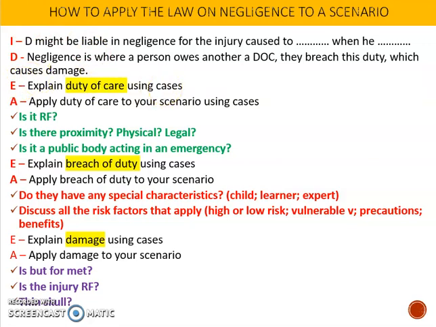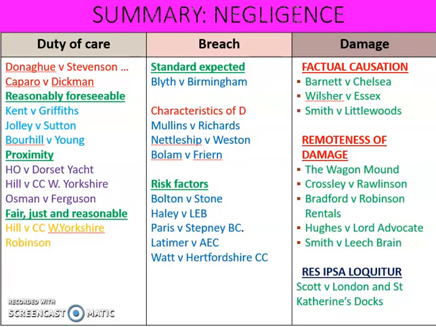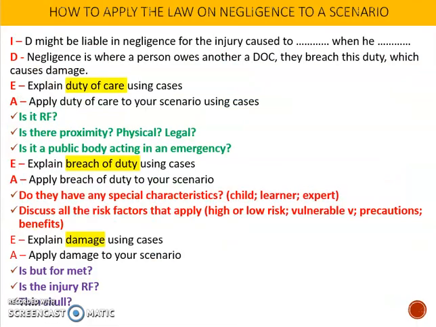So if I just flick back to the slide we looked at a moment ago, you're going to explain Donoghue v Stevenson and the Caparo test and all of those cases there. And at that point, once you've explained them, you're then going to apply duty of care to your scenario.